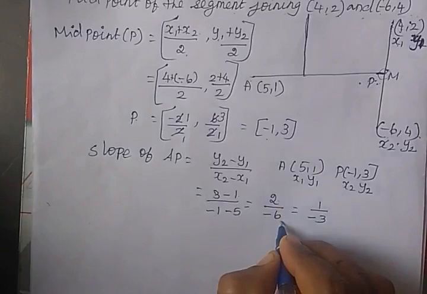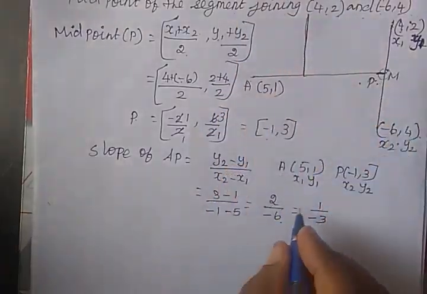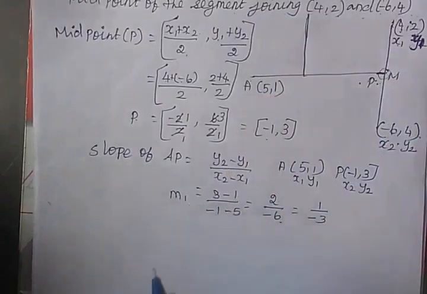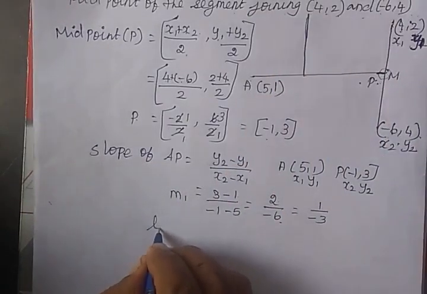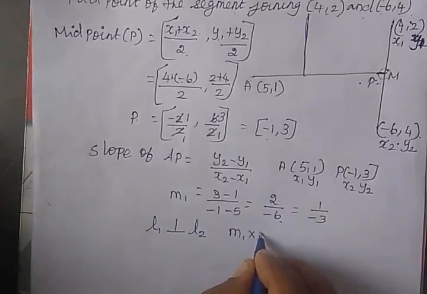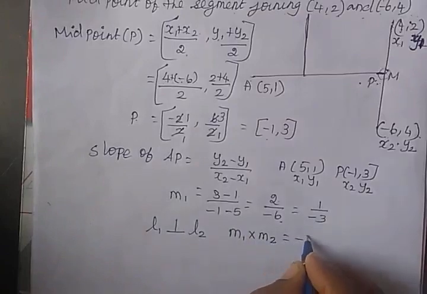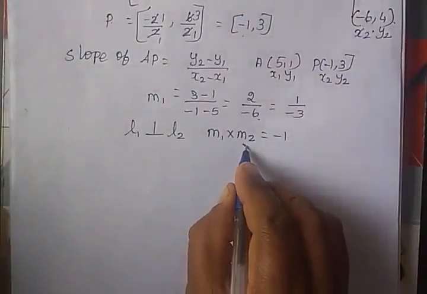They are asking for the slope of the perpendicular line. This is M1. We know that if L1 is perpendicular to L2, then M1 into M2 is equal to -1. We want to find the slope of the perpendicular line, M2.